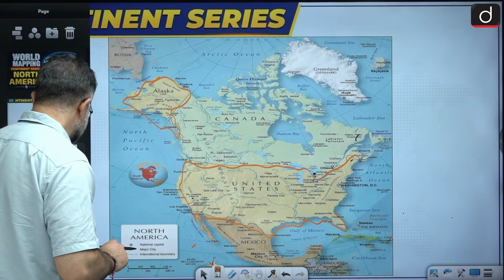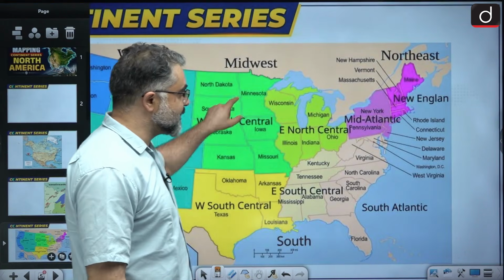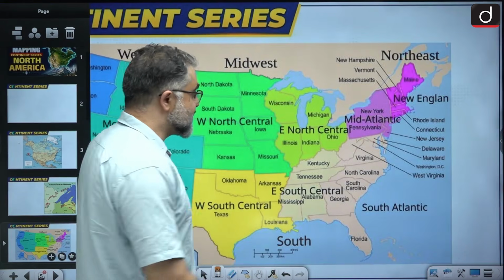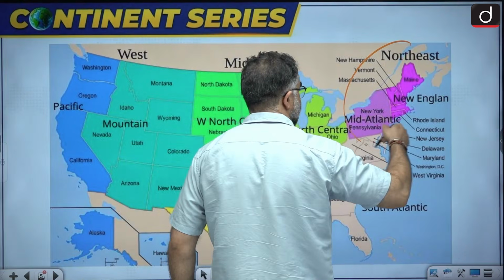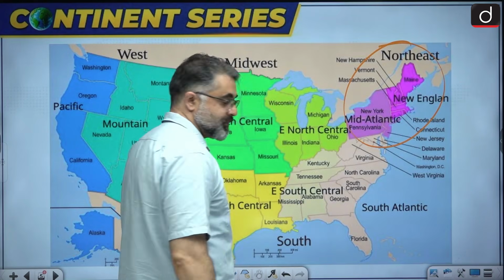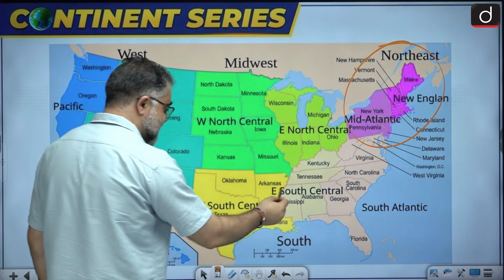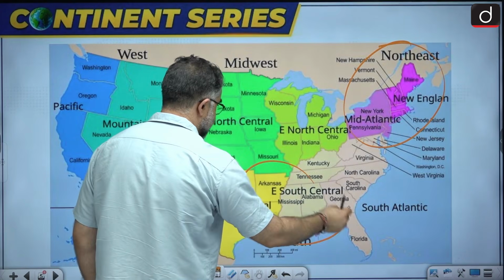If we look at this continuation of USA, it's divided in four major divisions. So looking at these four major divisions of USA, one of the region is towards the northeastern part of USA. The second region is the southern region of USA.